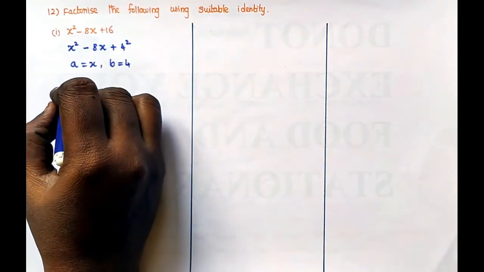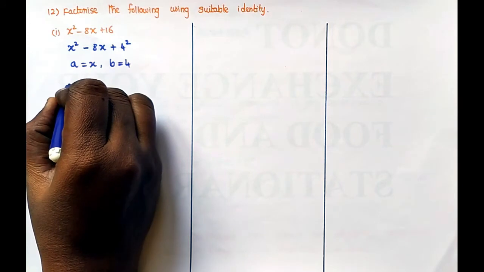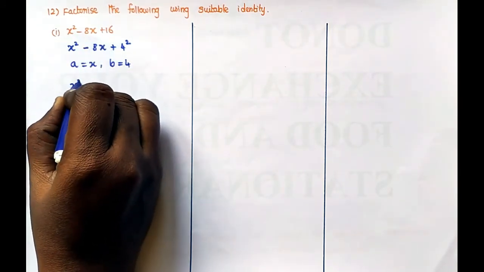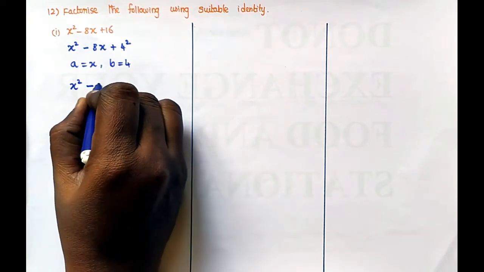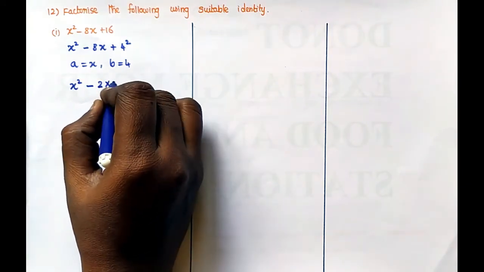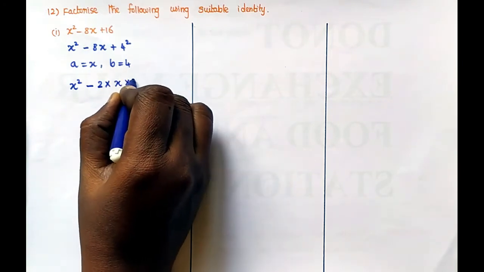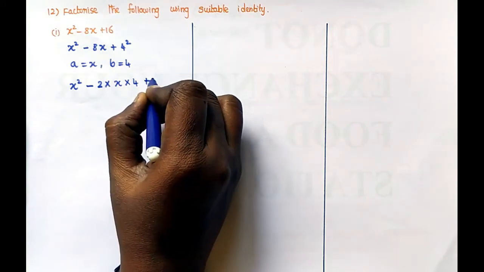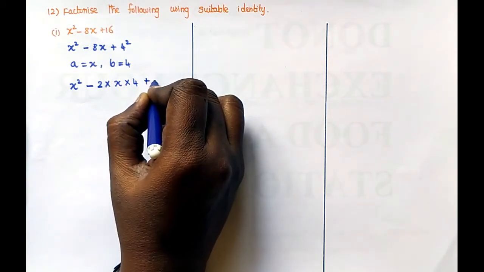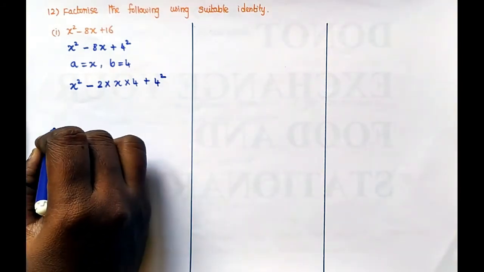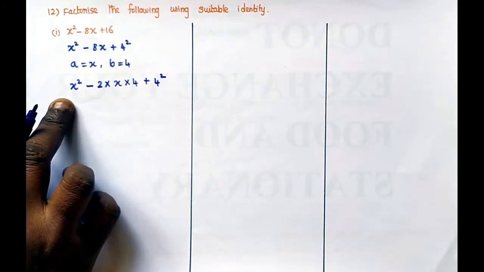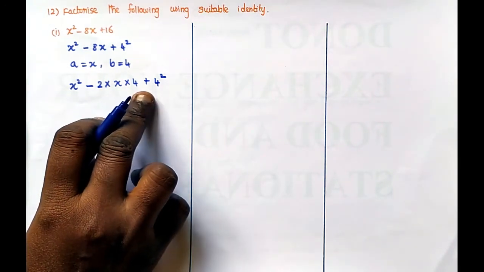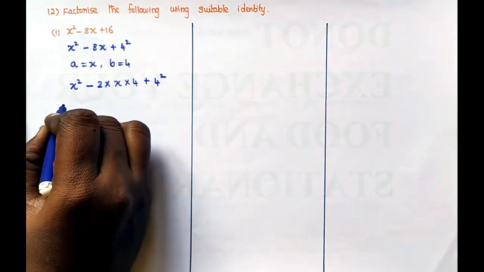So how will you write that? x squared minus 2 into x into 4, 2ab, plus b squared, that is 4 squared. Listen here, a squared minus 2ab plus b squared in this format.